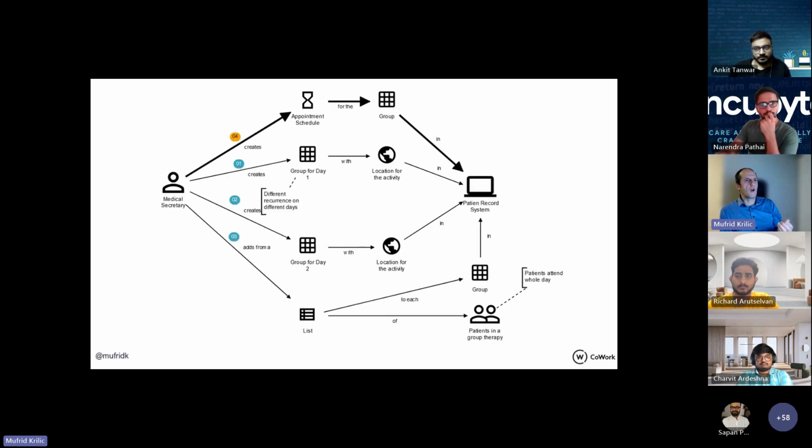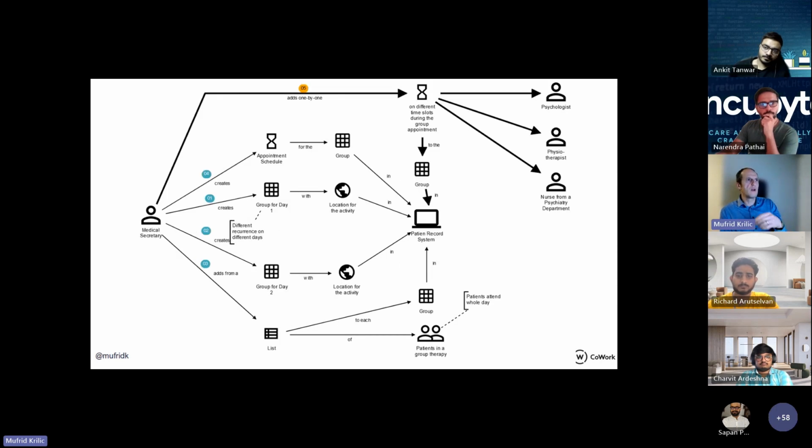Then, according to this group recurrence, the secretary will create a schedule in the patient record system and will add healthcare professionals, psychologists or physiotherapist or nurse for the psychiatry department, to the group on different time slots.